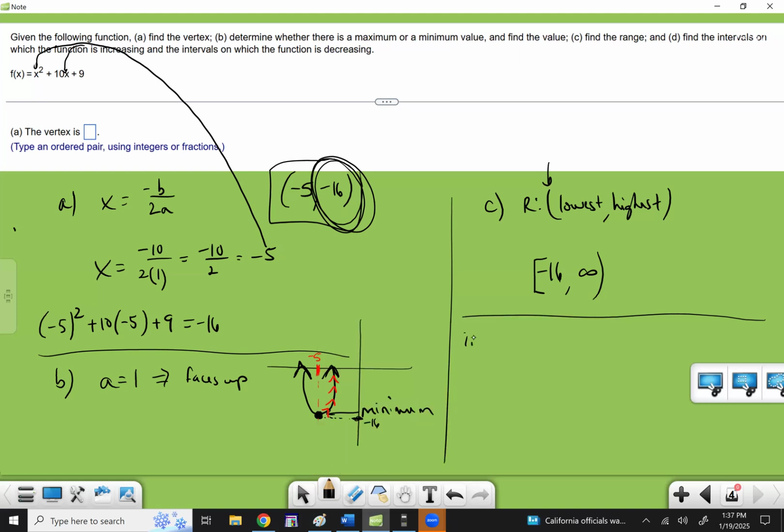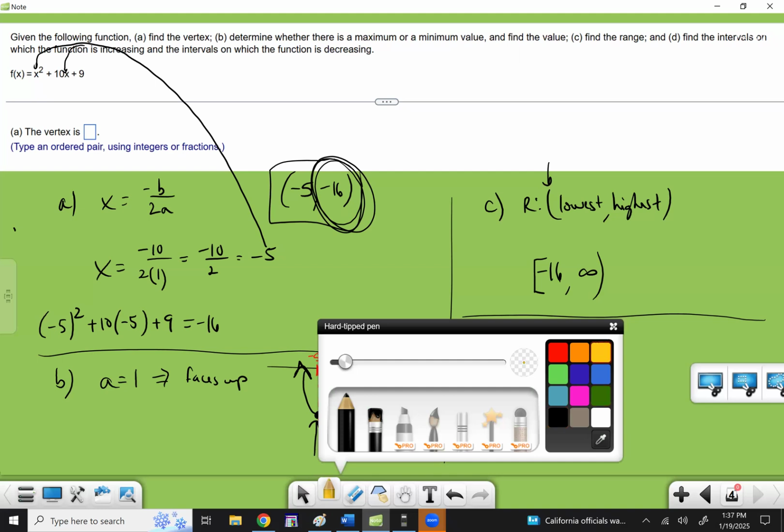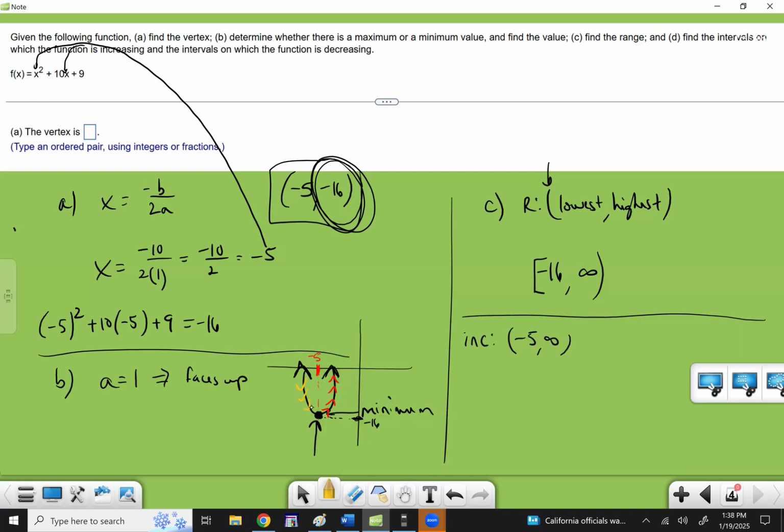So we're going to be increasing from negative 5 to infinity, and those are both going to be parentheses. I don't want to put a square bracket on the negative 5 because right here is the vertex, and I can't say I'm increasing there. It's where decreasing meets up with increasing. It's kind of where both meet up. So I'm going to have to put a parenthesis on the increasing.